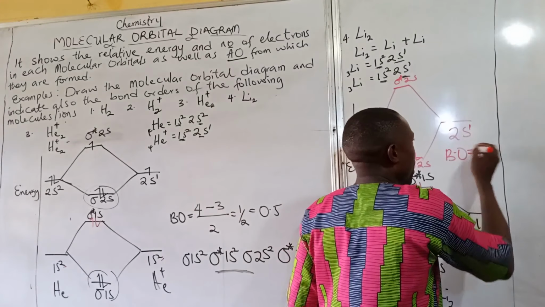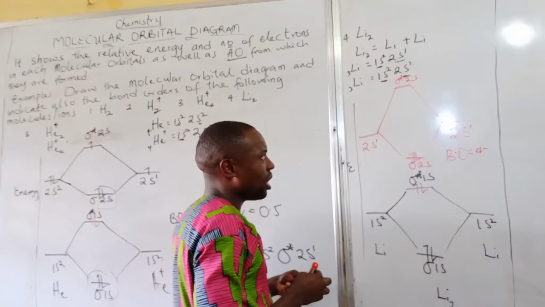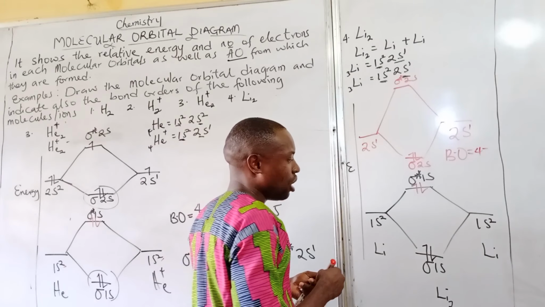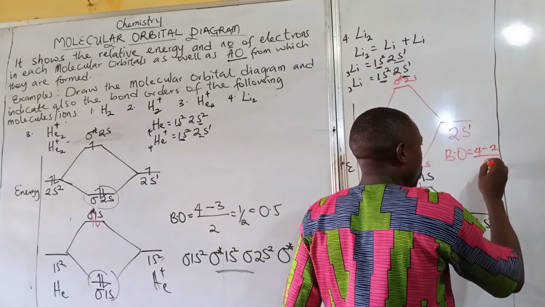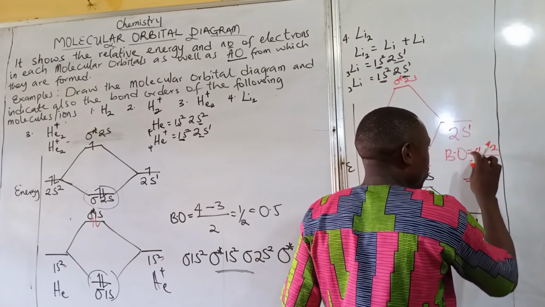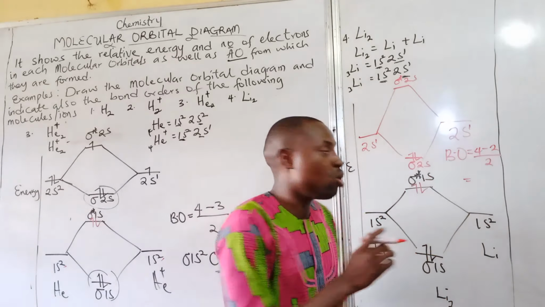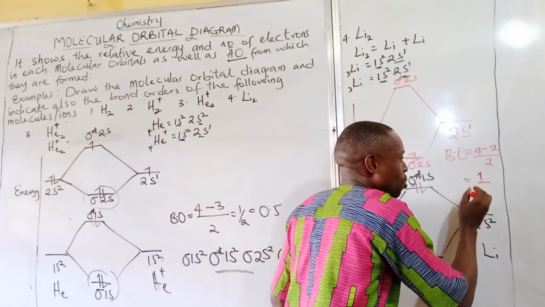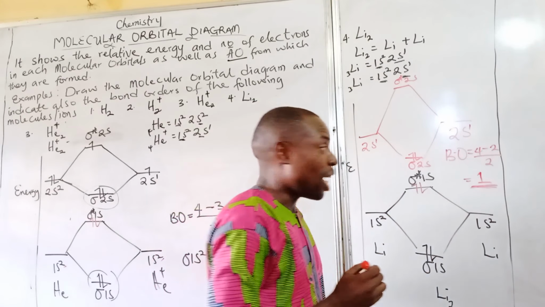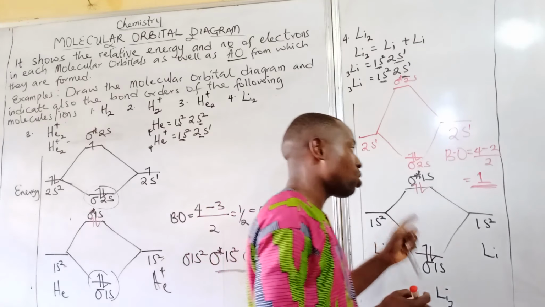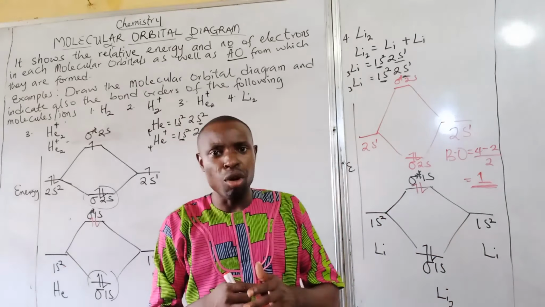Now 4 minus. Is there anyone found in the antibonding? Yes, just 2. Over 2. So the answer is 4 minus 2 is 2. 2 divided by 2 is 1. So this molecule is stable. And the kind of bond that should be found there is just 1 bond.